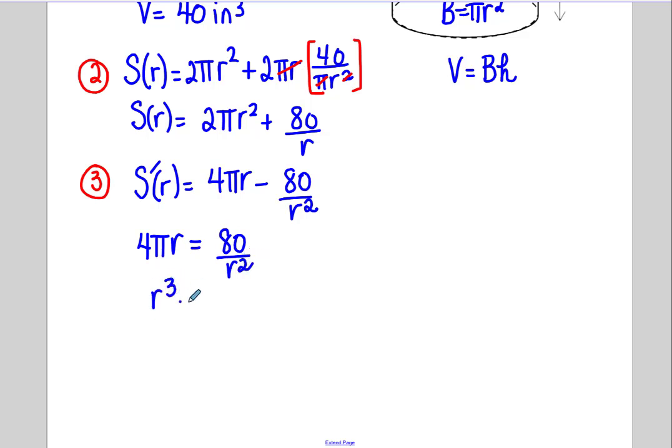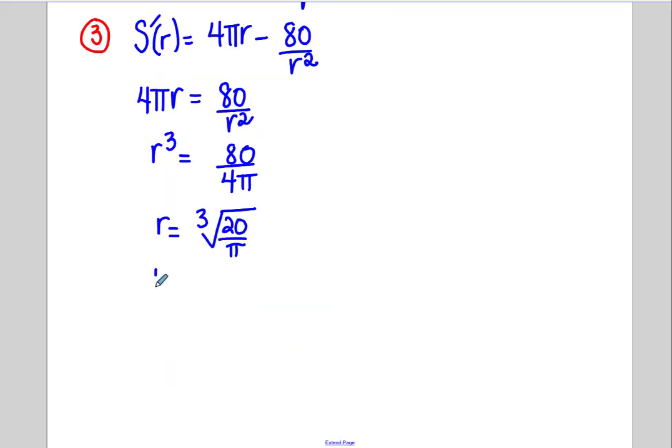So we have r cubed is 80 divided by 4 pi, or r is the cube root of 20 divided by pi. So on our calculator, the radius is about 1.853 inches. So now we have a radius.